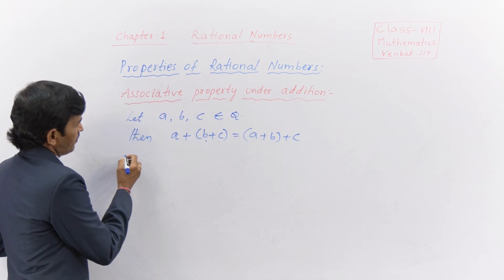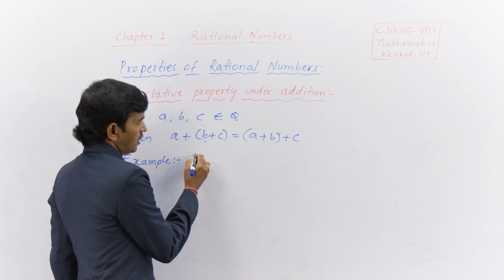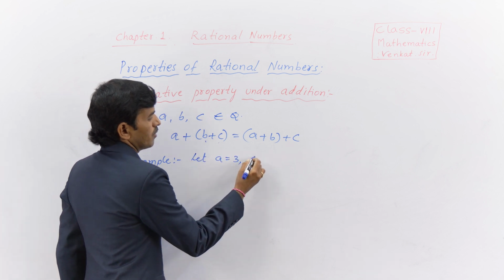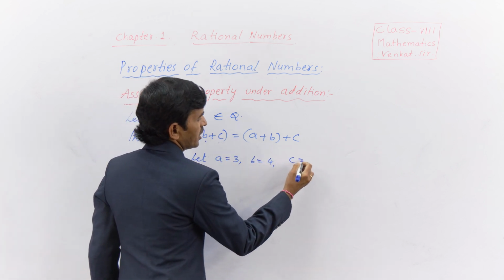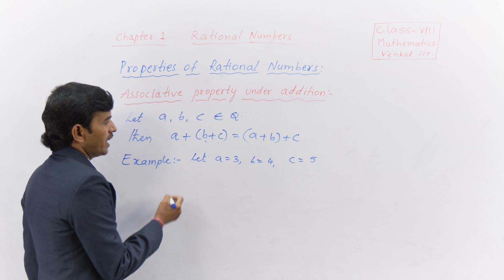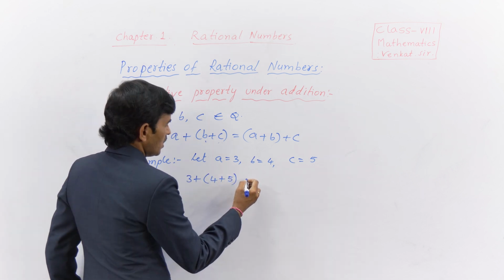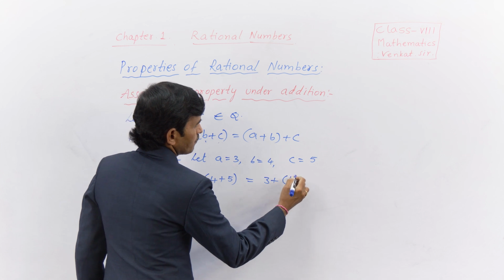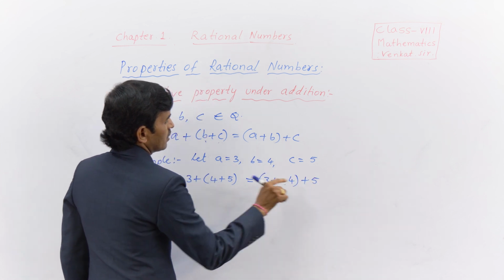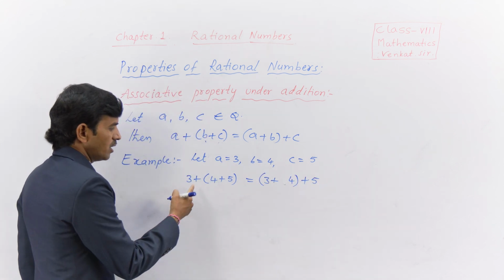Okay, see that, for example, let a is equal to 3, b is equal to 4, c is equal to 5. Now you can write this as (3 + 4) + 5, which is equal to 3 + (4 + 5).